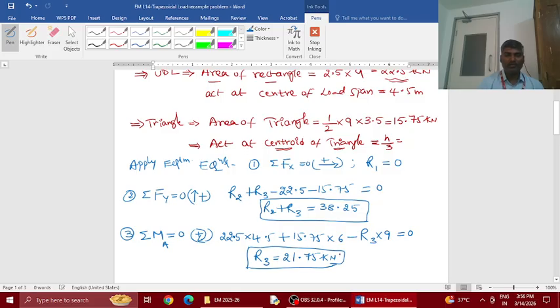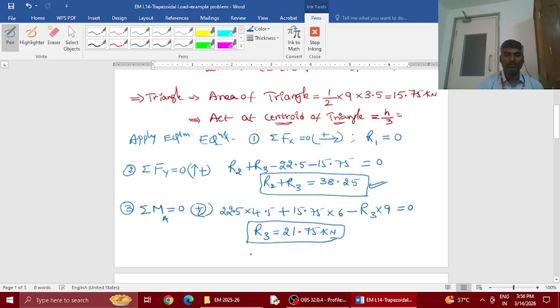Now substitute this R3 into this equation. We get the R2 value. R2 is equal to this 38.25 minus 21.75, which will be 16.5 kilonewton.